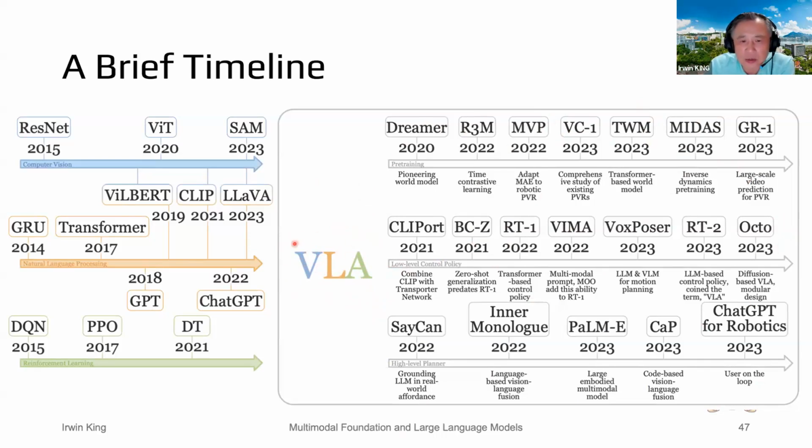And this is really a recent seminal work that we have done, a survey on VLA, Vision, Language, and Action. And you can see that, from Dreamer 2020 all the way up to ChatGPT Robots 2023, the various developments, their strengths, and their advantages. So if you're interested in this, please take some time and read our survey paper.